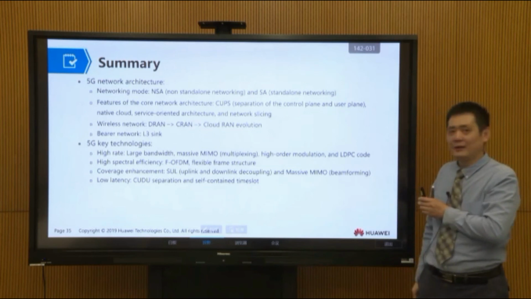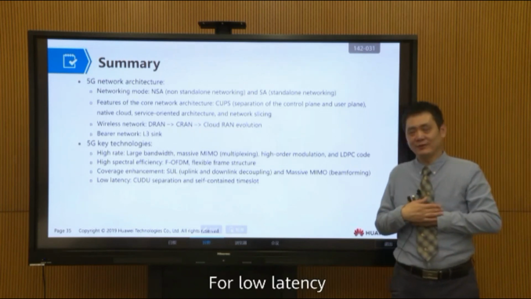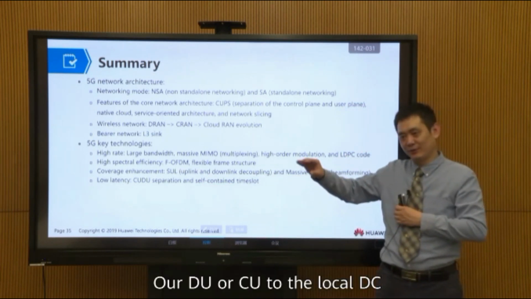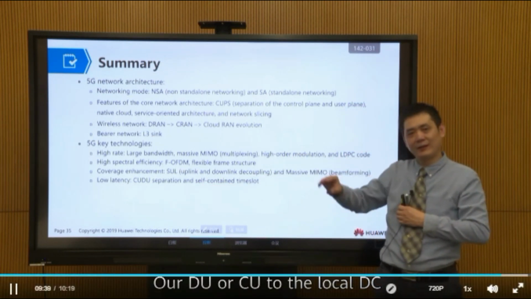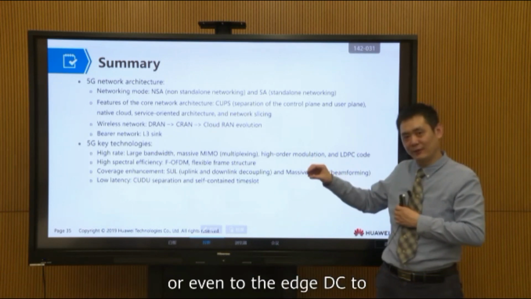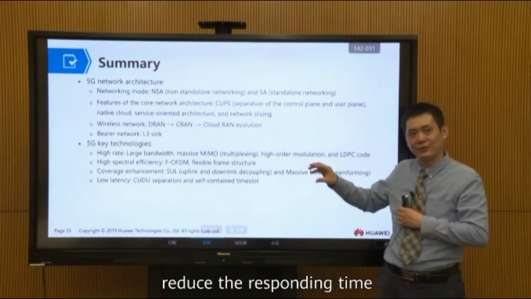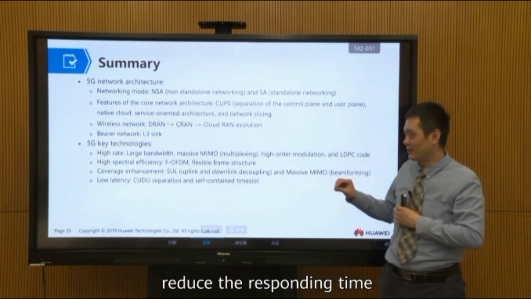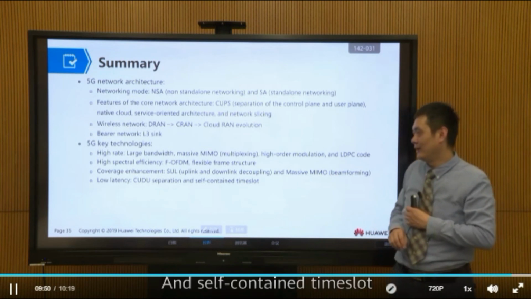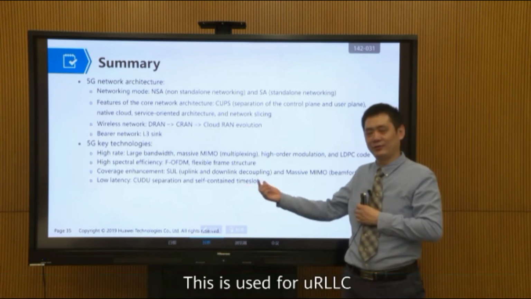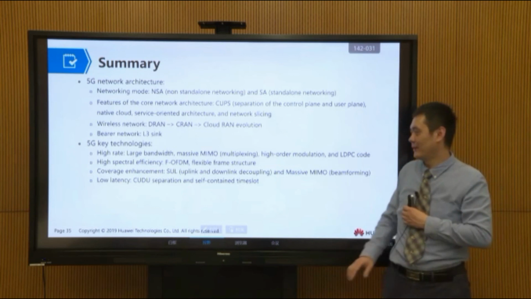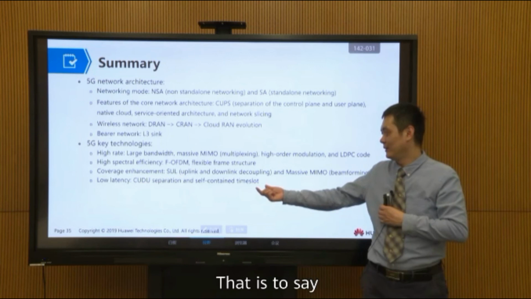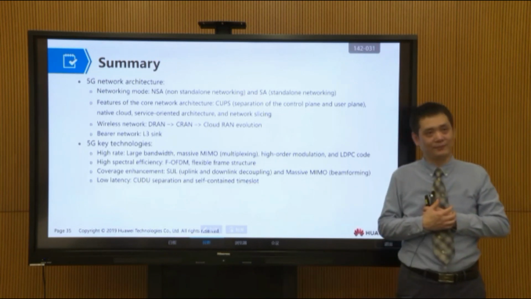And for low latency, we have CU-DU separation, moving the DU or CU to the local DC or even maybe the edge DC to reduce the response time, for low latency. And the self-contained time slot is useful for URLLC, which can also reduce the response time, that is to say, reduce the latency.